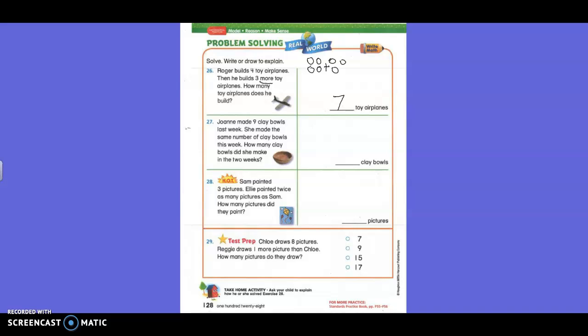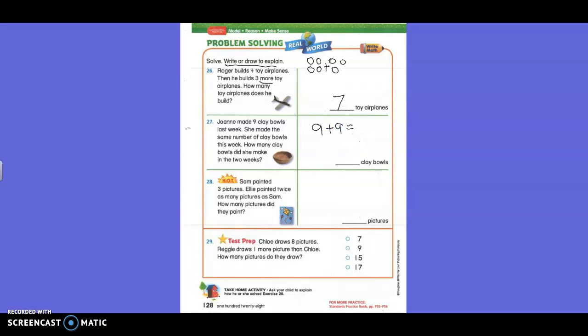Okay, now this up here says write or draw. So instead of making 9 circles like we did up here, let's just do the number. Will that work for you guys? Okay, so 9 for last week, right? 9 clay bowls for last week. And then what does the second sentence say? That she made 9 this week too, right? So that's 9 plus 9, right?